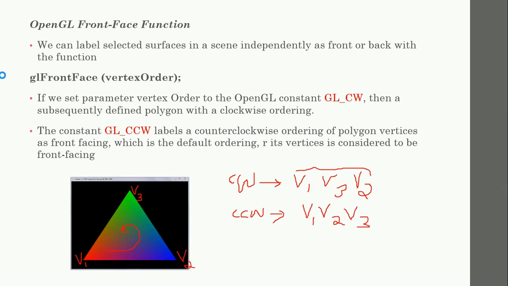So this order you will be maintaining when you write the program as well. If you write GL_CW here, that means the polygon has clockwise ordering, or your vertices have a clockwise ordering. And if it is counterclockwise order, then you specify GL_CCW.